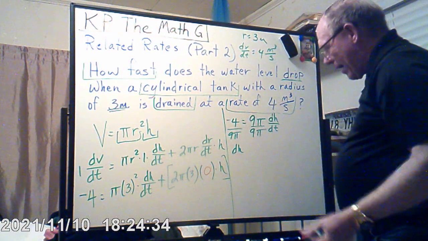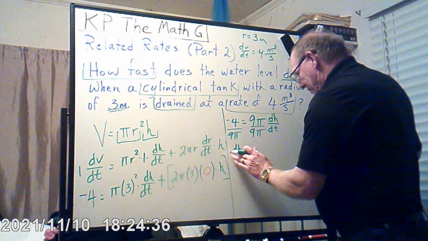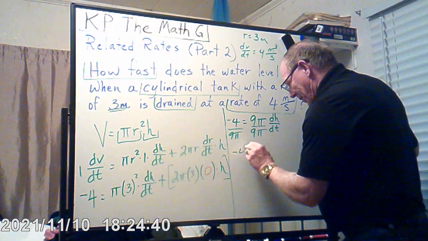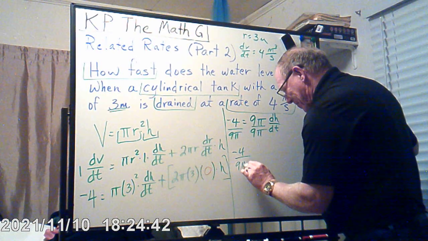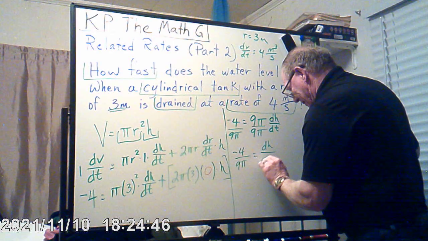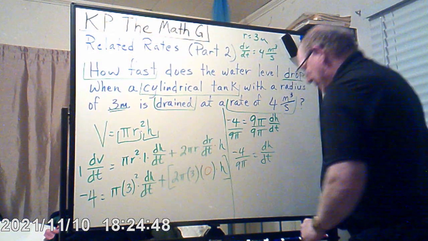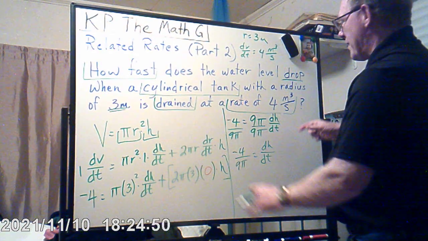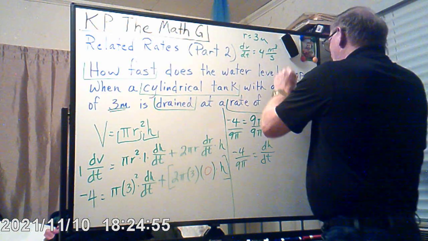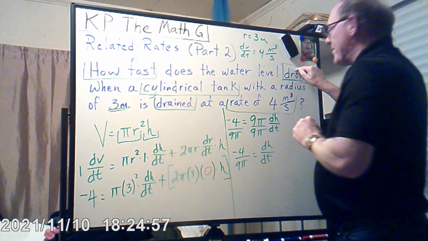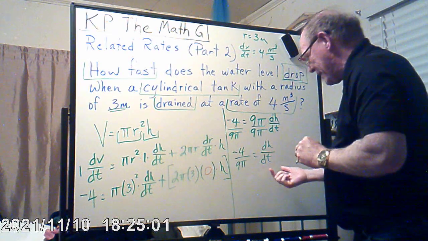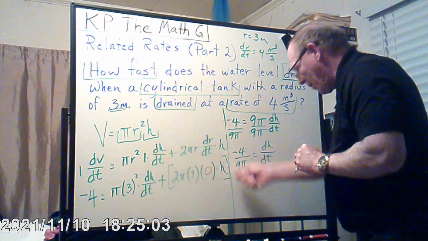Now, why is the answer negative? So negative 4 over 9 pi is equal to dh over dt. This simply means that the water level is dropping. There's your negative sign right there. It's dropping at a rate of 4 over 9 pi.